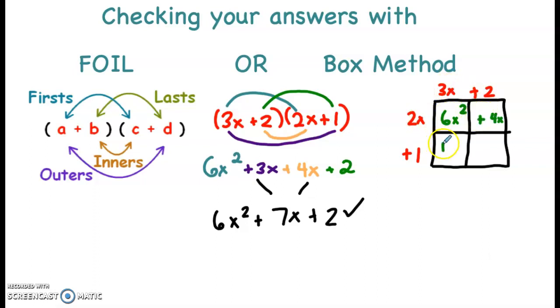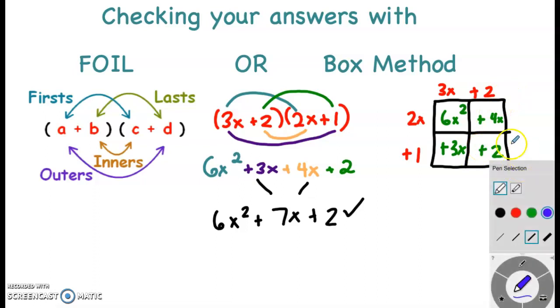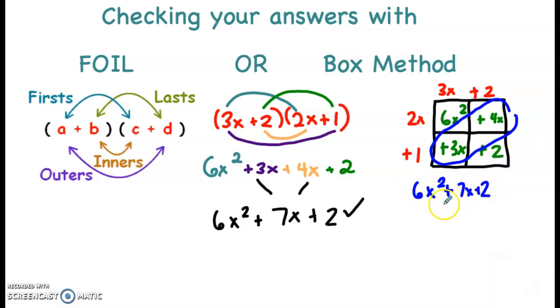When I do 3x times 1, I get 3x. And 1 times 2 is 2. Then you look for your like terms, which in the box method is nice because they're usually right there on the diagonal. And I get 6x squared plus 7x plus 2. So notice here, it works. We don't expect you to do both of these.